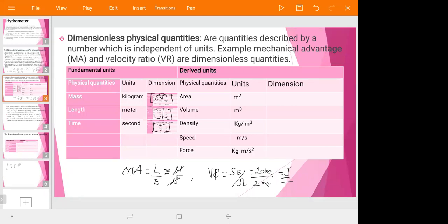They are many in nature. For example, area means length times width. When we express width and length, they are expressed by what? By capital L. Therefore, the dimension of area is equal to L square.